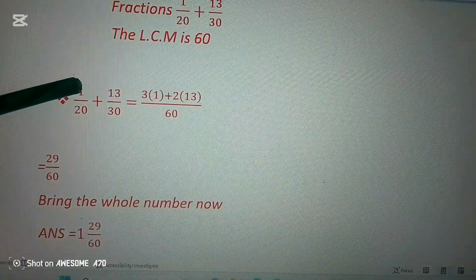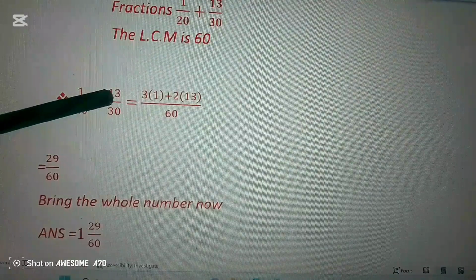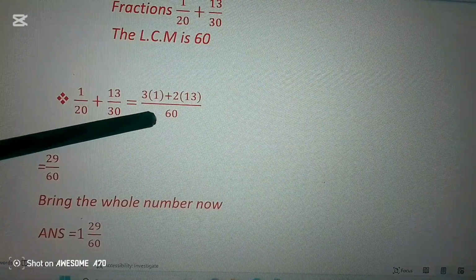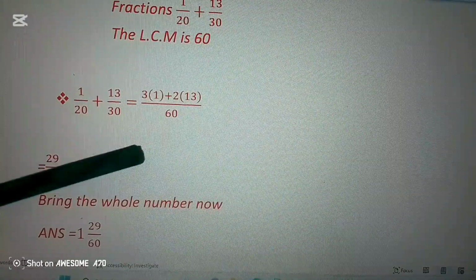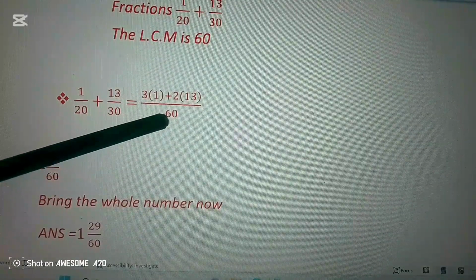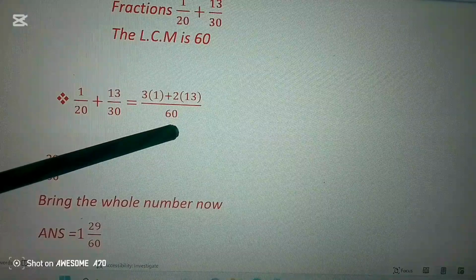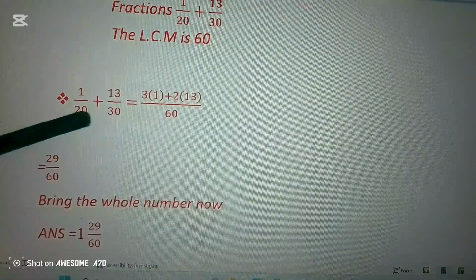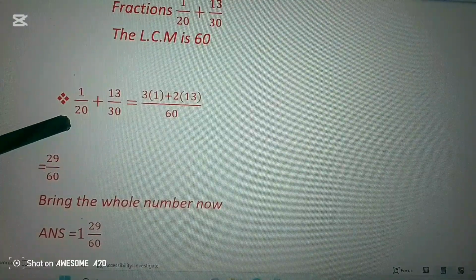Now, 1 over 20 plus 13 over 30 is equal to something over the LCM, which is 60. We start by dividing 60 by 20, which is 3.